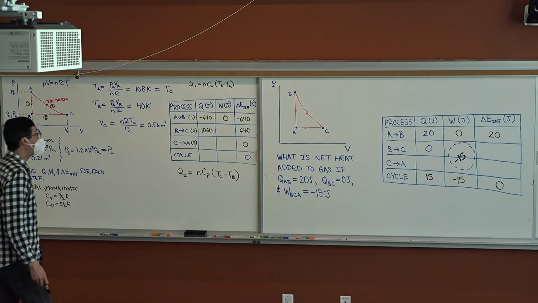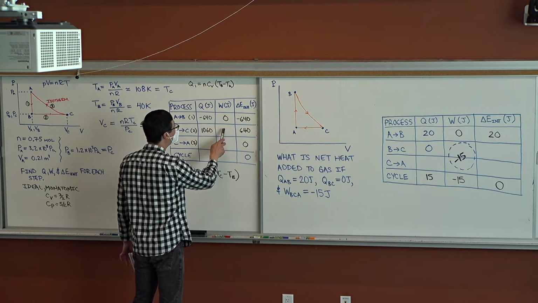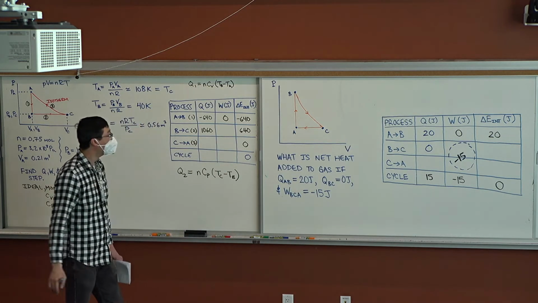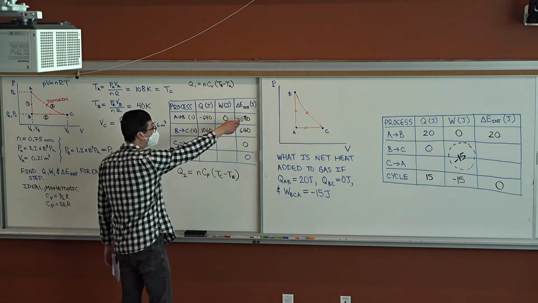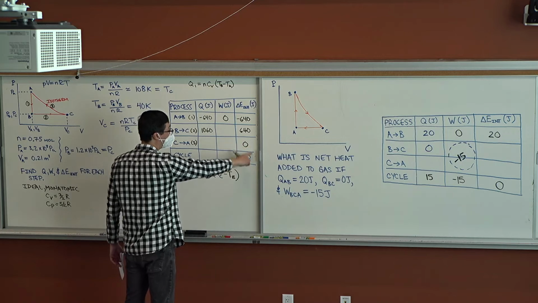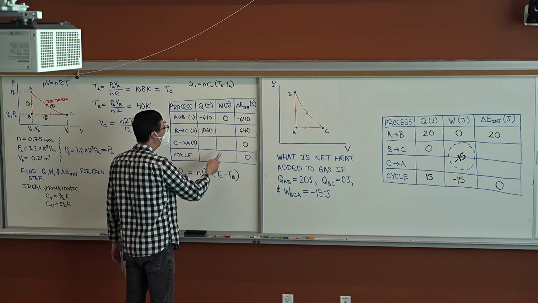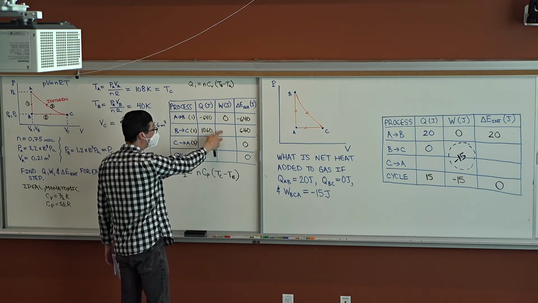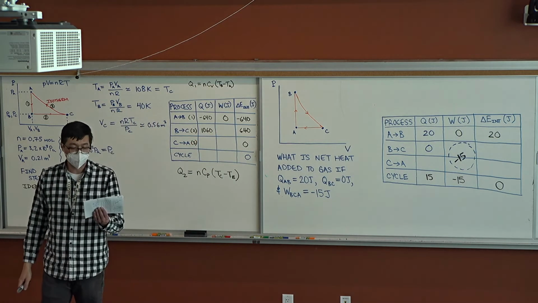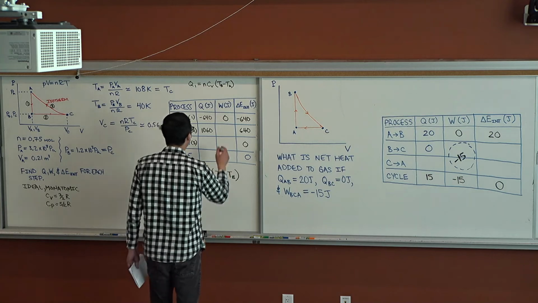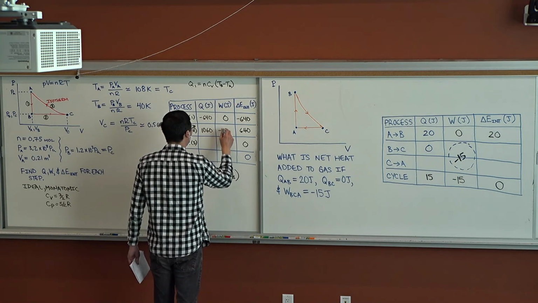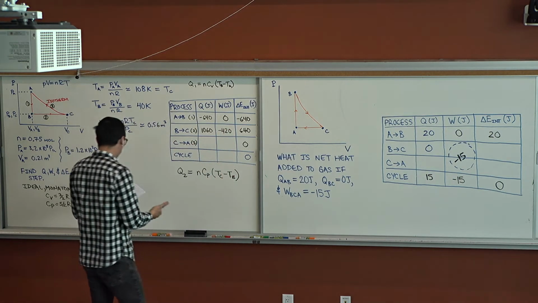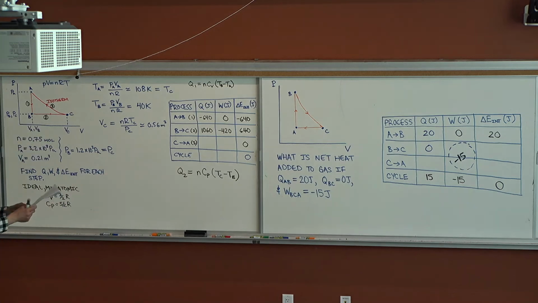Now, I know that Q plus W is delta E, so if I trust what I did here and I didn't make any mistake here, then I really could just say 640 minus 1060 is this. That tells me it should be minus 420 joules. But there's another way that we could check this, right?